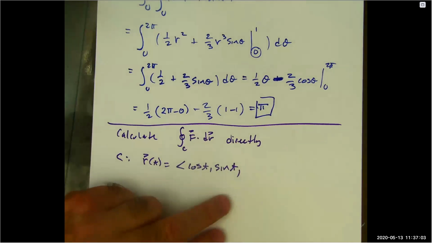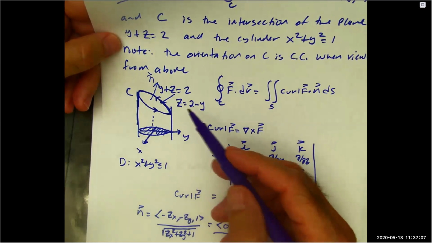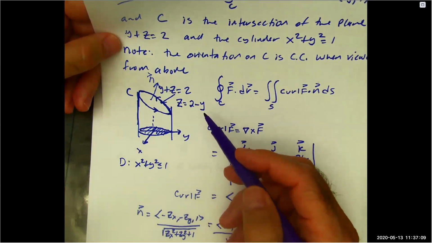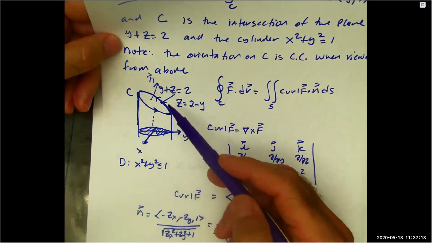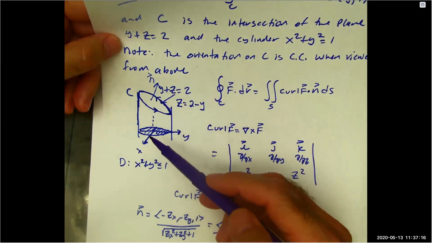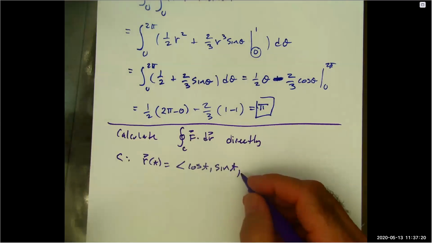Well, we know that z is equal to 2 minus y, because this curve lies in this plane, directly above the unit circle. So what's the z component of my vector function going to be?